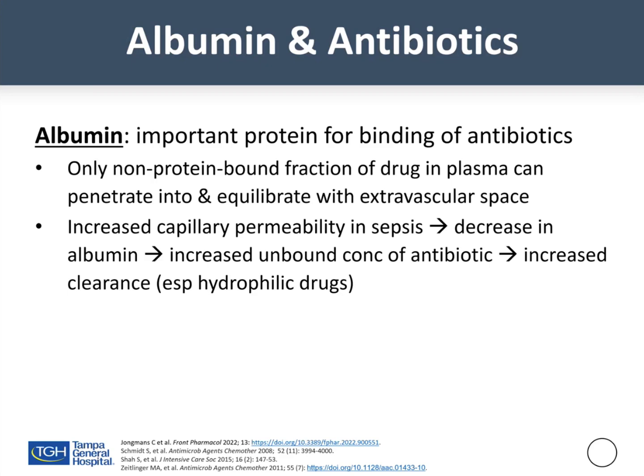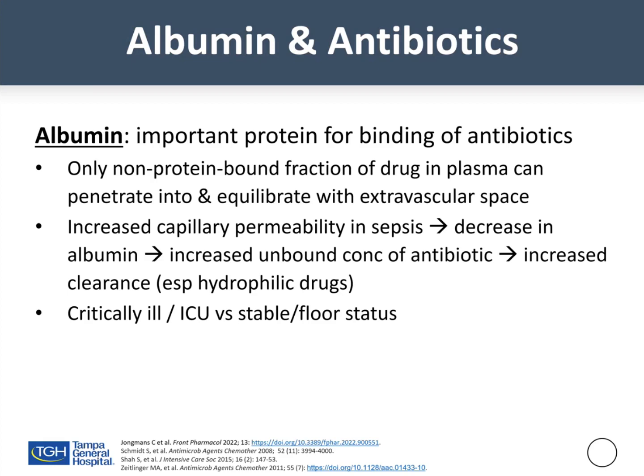Now, while you might think, oh, we have more drug concentration that's going to be effective and act against the infection, the problem is that you can see increased elimination of this drug. So maybe early on in the dosing interval, the drug is around to exert its effects, but you're not going to be seeing it towards the end of the dosing interval, and that's where the concern comes into play.